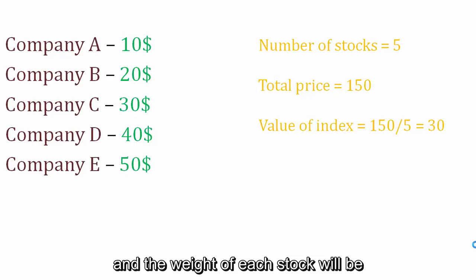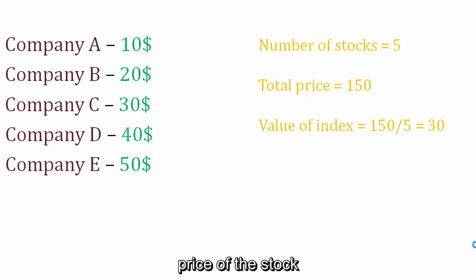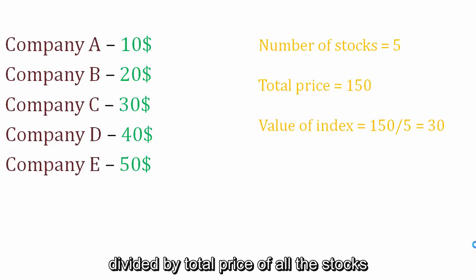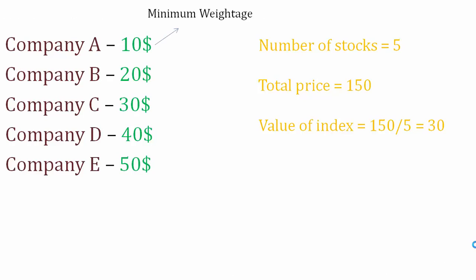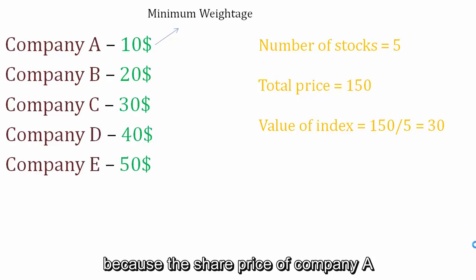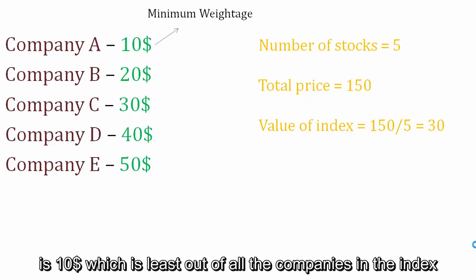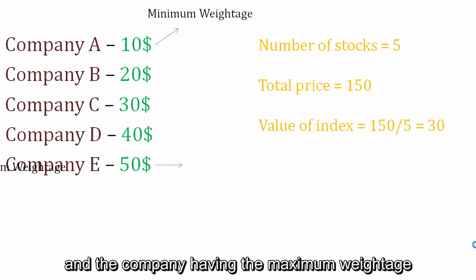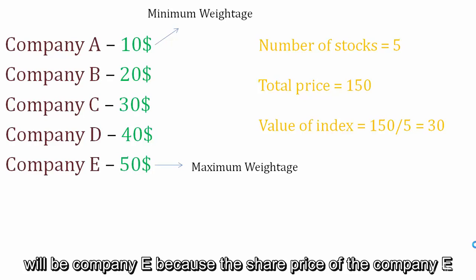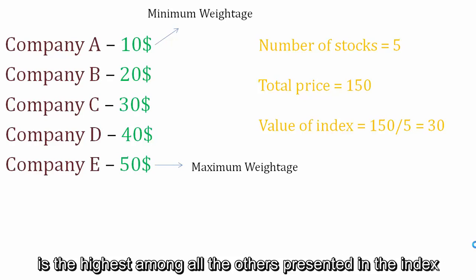And the weight of each stock will be the price of the stock divided by the total price of all the stocks. So the minimum weightage company will be company A, because the share price of company A is $10, which is the least out of all the companies in the index. And the company having the maximum weightage will be company E, because the share price of company E is the highest among all the others present in the index.